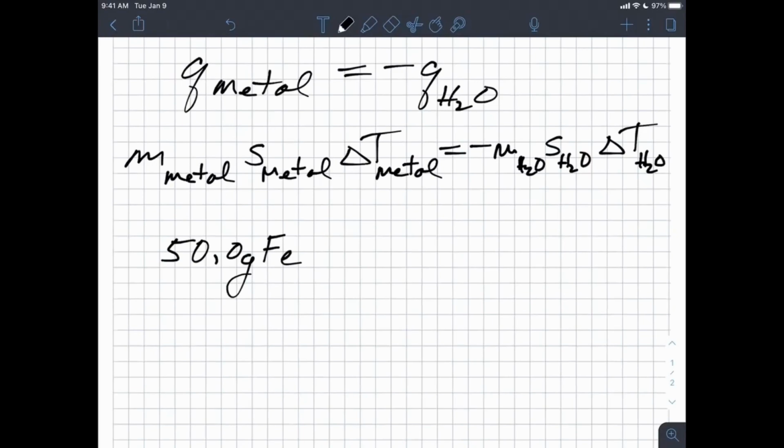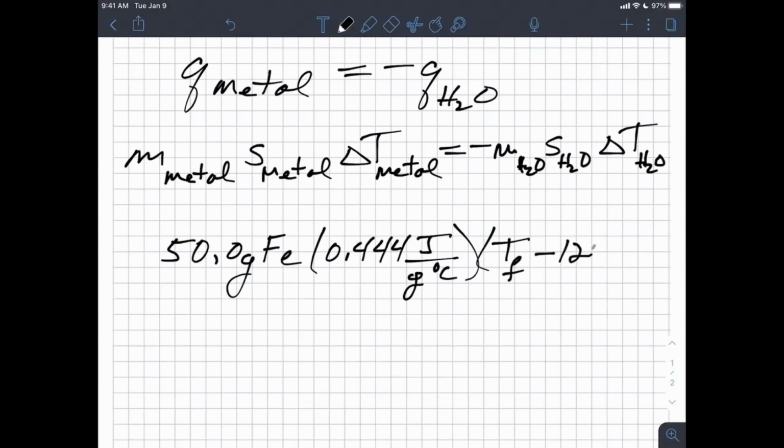We could look up the specific heat, or somebody would tell us, and we'd see that it was 0.444 joules per gram degrees C. And maybe we'll heat the metal up pretty hot, to maybe 120 degrees C. So we'll have the final temperature minus the initial temperature. That's for the metal.